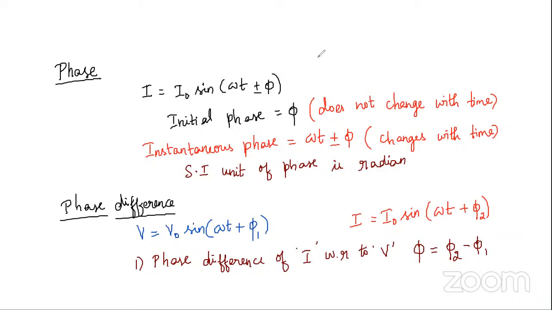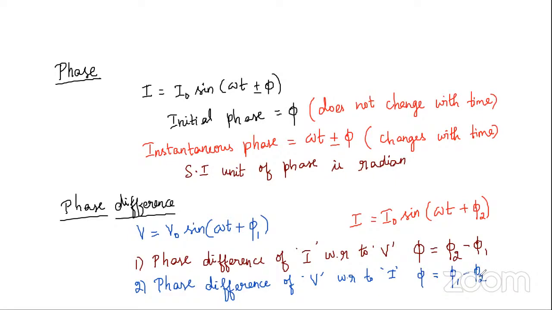And when you find it vice versa, that is the phase difference of V with respect to I, here phi is equal to phi 1 minus phi 2.